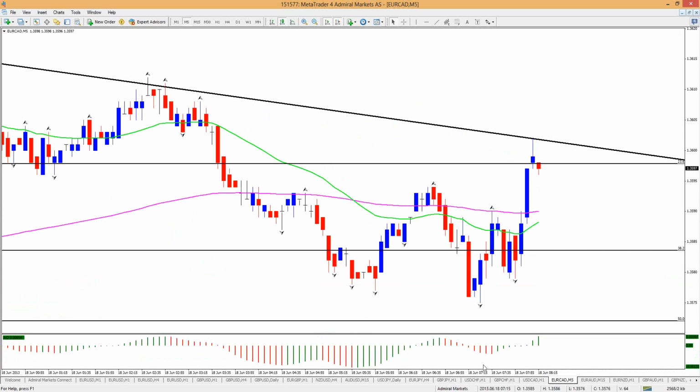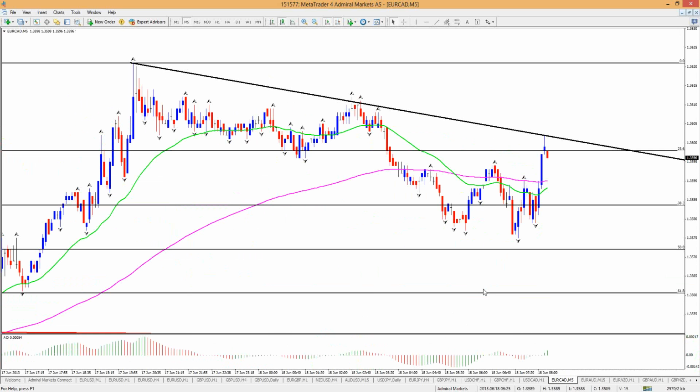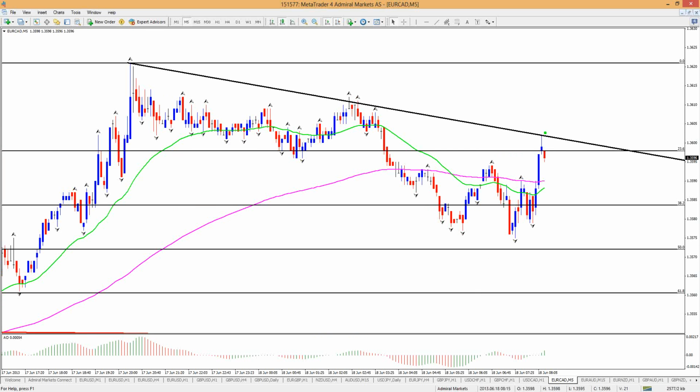Let's see. Yeah, I'll give it some time. I don't think we'll break immediately. It made a pretty good move up. So if it makes a dip here and then maybe breaks, that would be more interesting.